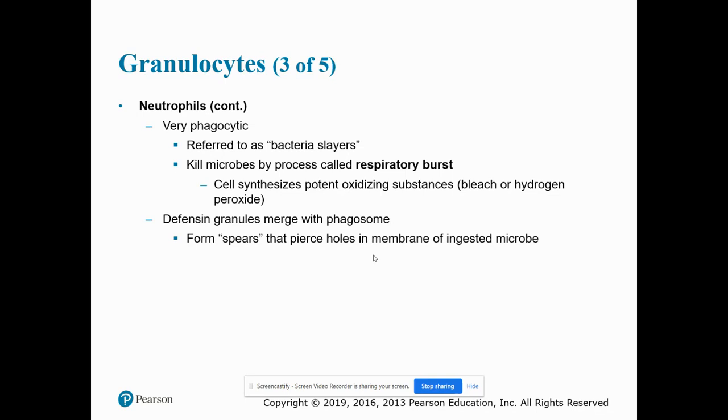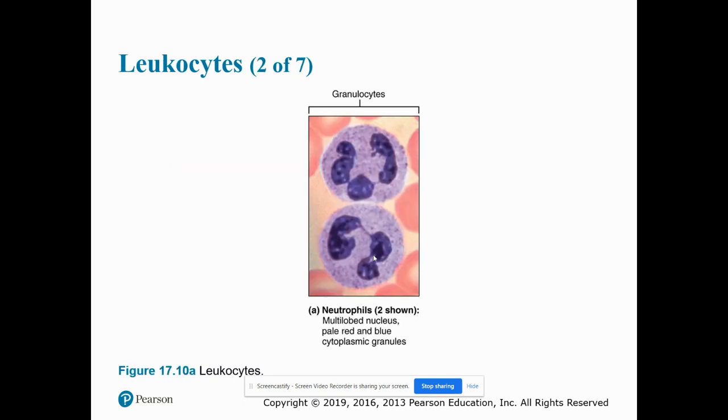So the defensin granules merge with the phagosome, and then they form these spears that pierce holes in the membrane of the ingested microbe, which is probably a bacterial cell. It could be something else. And then these are your neutrophils, and you can see the number of lobes present, all the lobes.